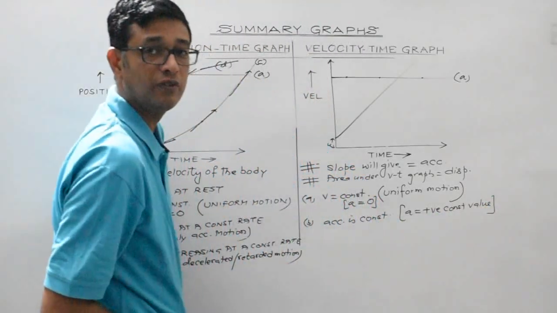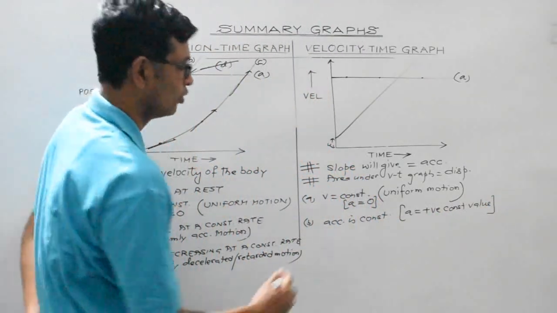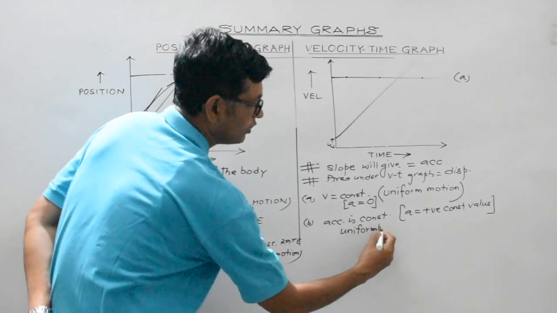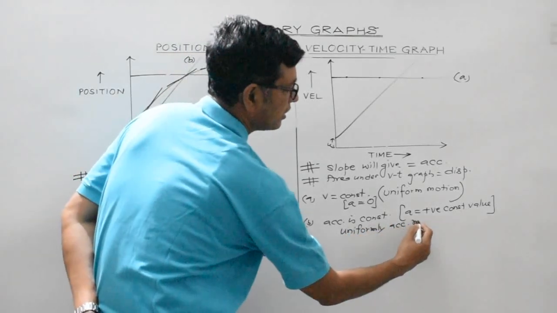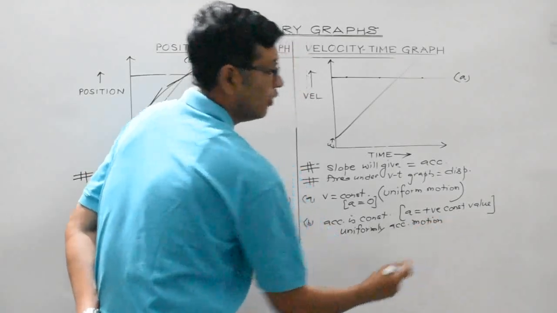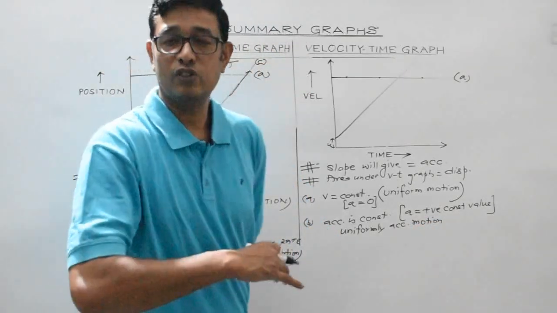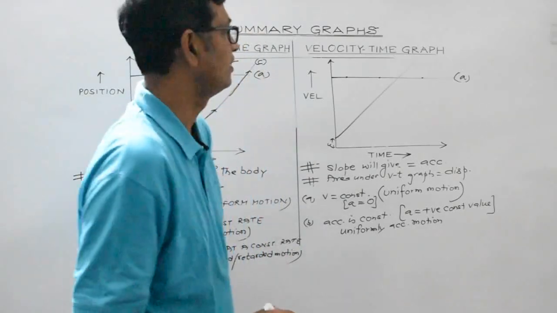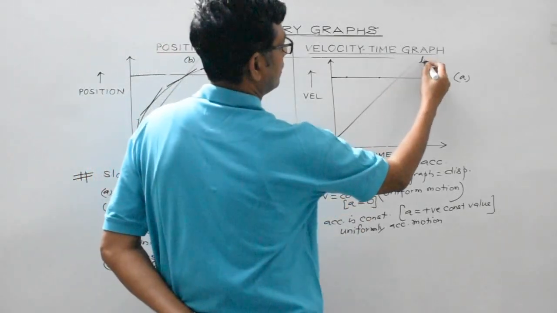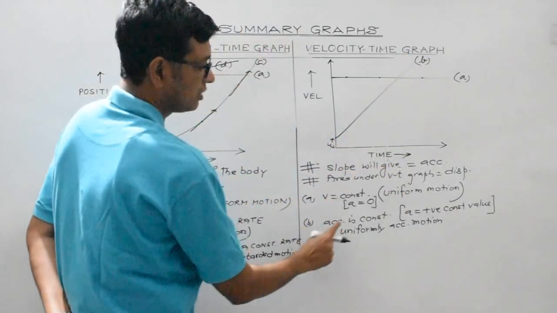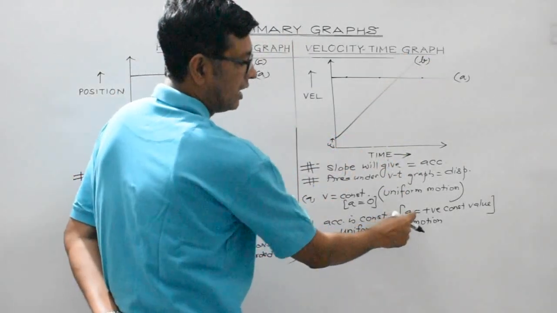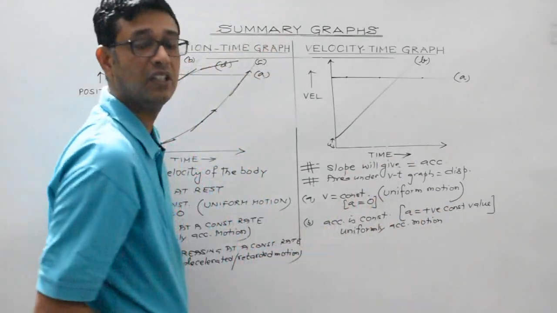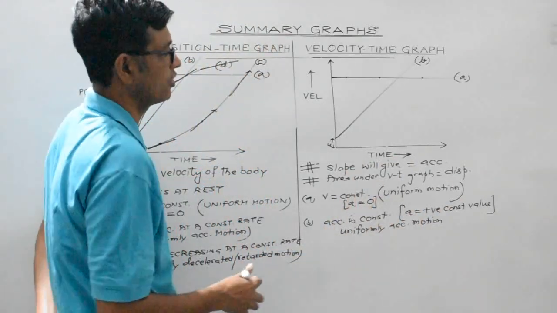So it is the case of uniformly accelerated motion, where the velocity of the body increases at a constant rate. So this is B, which represents constant acceleration, and acceleration must have a positive constant value, which further suggests that the body must be in uniformly accelerated motion.